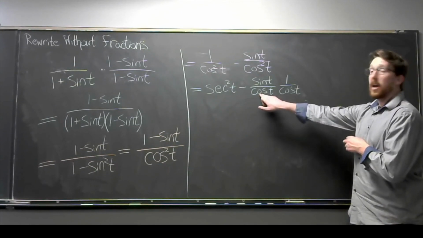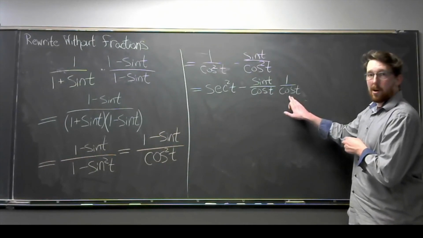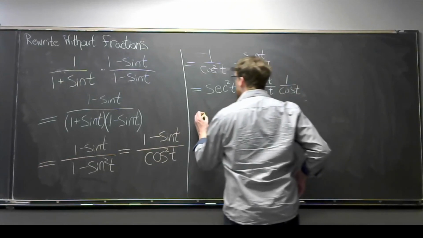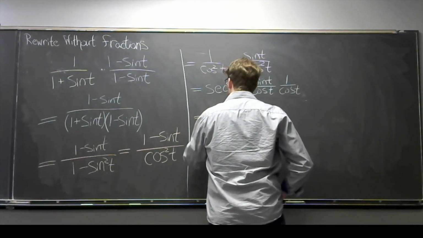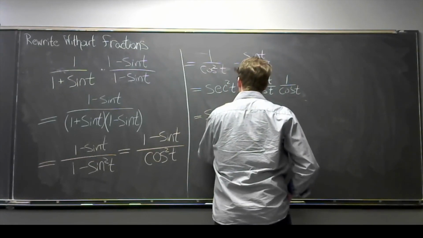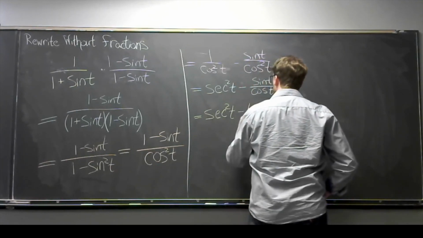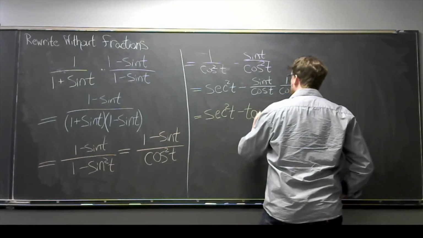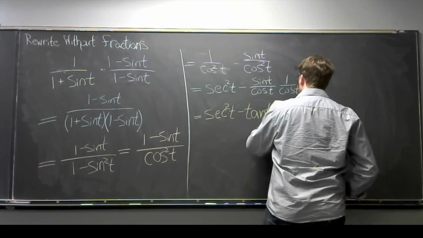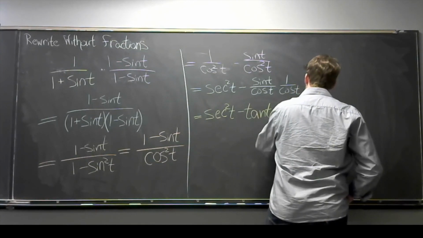Now, we've got tangent here and secant here. So we can rewrite this as secant squared of t minus tangent of t times secant of t.